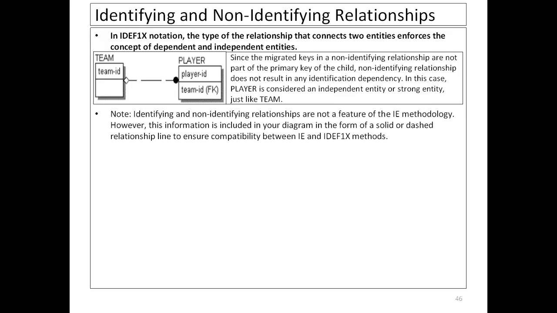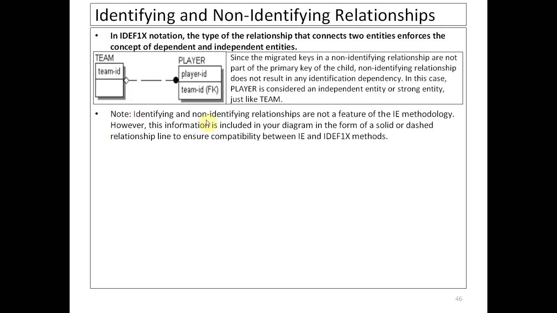The migrated keys in the non-identifying relationship are not part of the primary key of the child. Non-identifying relationship does not result in an identification dependency. So in this case, it is the same as what we have already discussed between the player and the team ID.